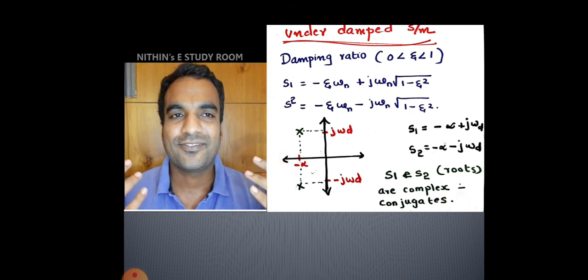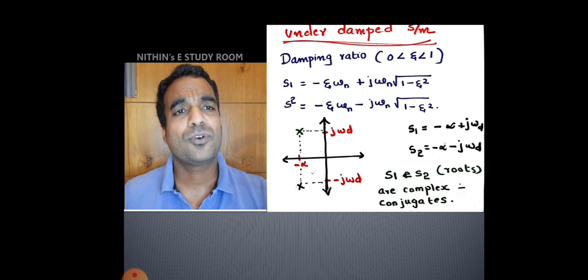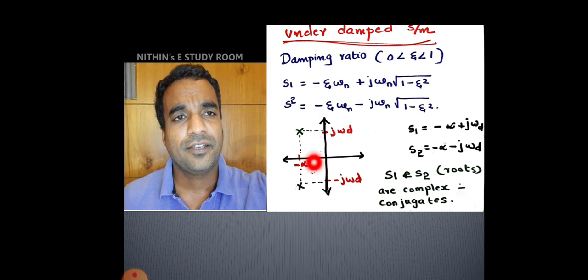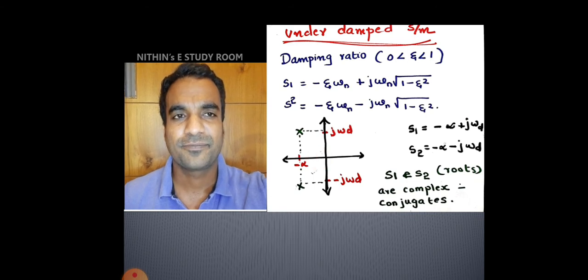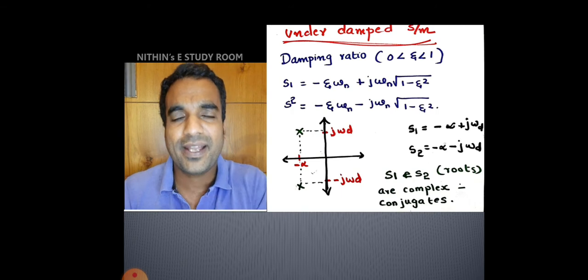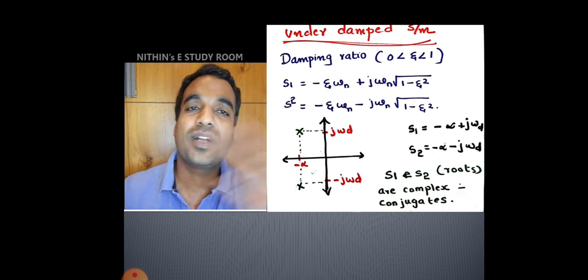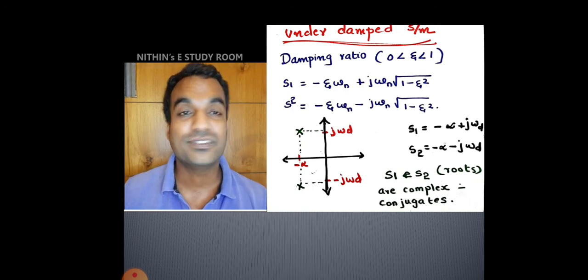So let me ask, what happens? Will the stability increase or decrease? Which is the more stable position? If a pole is placed on this point and if a pole is placed on this point, which is the more stable position? If a pole is very close to our j omega axis, and some sudden disturbance comes, what happens? The pole may move towards the right side of the j omega axis.